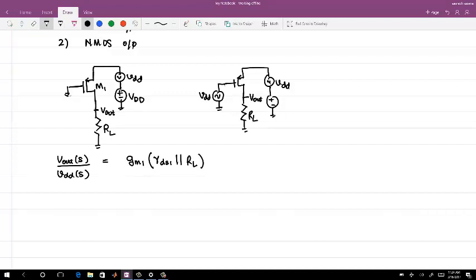In this case, what will be Vout of S over VDD of S? No, we are considering RDS. So if you consider RDS, you will have this as RL by RL plus RDS.